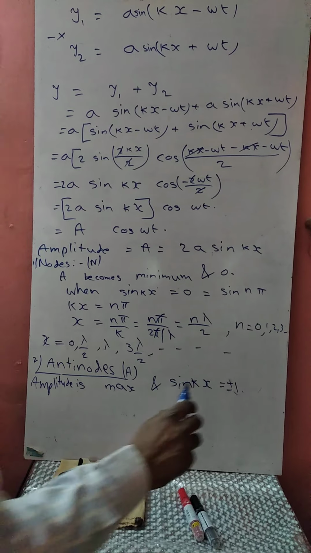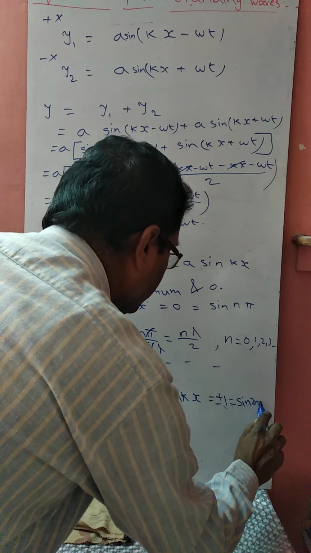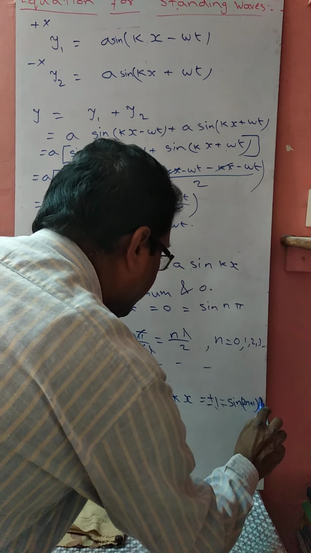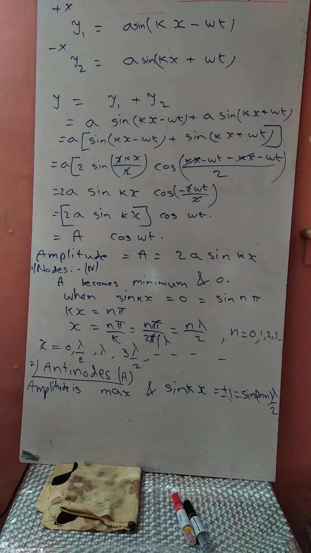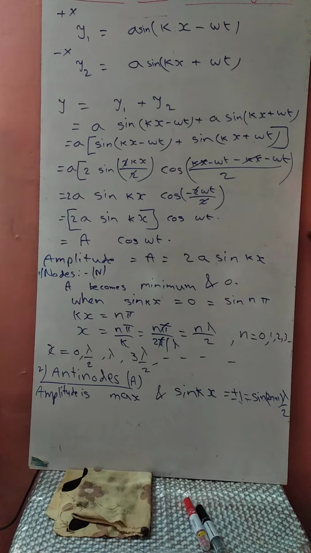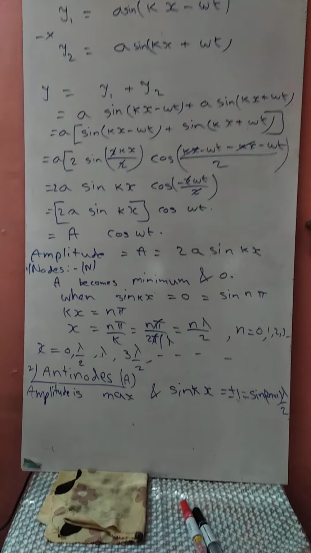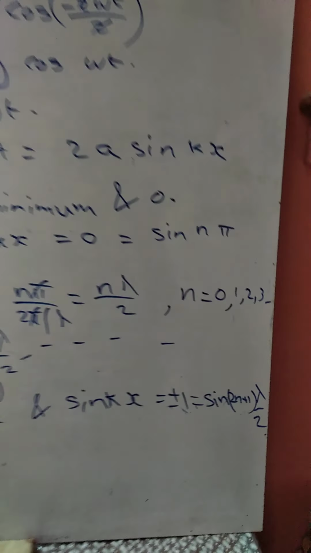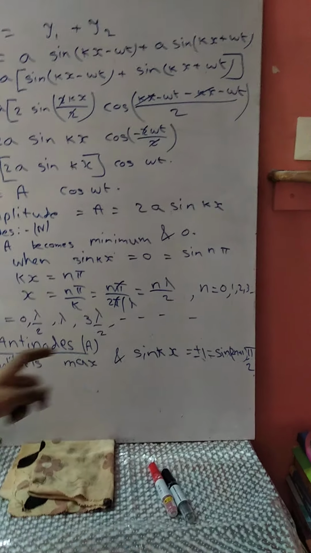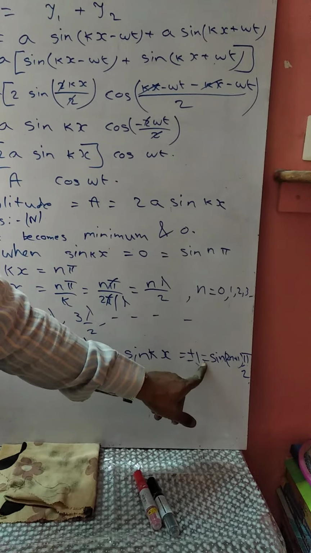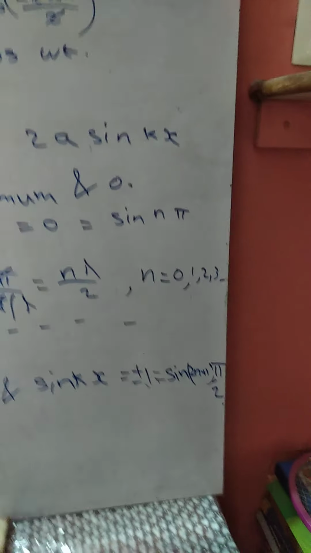This is going to occur at odd multiples of pi by 2. Sine 90 is 1, sine 270 is sine 3 pi by 2. Sine kx is plus or minus 1 when the angle is 2n plus 1 into pi by 2, odd multiples of pi by 2.